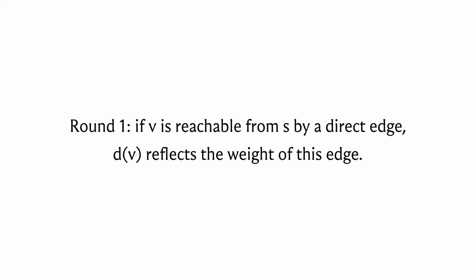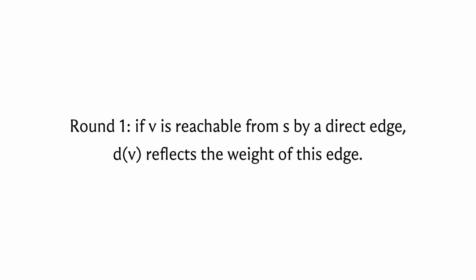So the picture at the end of the first round of Bellman-Ford actually looks pretty similar to what happens in the first round of Dijkstra, but we will see that things pan out a little bit differently as we go along. So in particular, you might want to spend a little bit of time thinking about what happens at the end of the second round, what happens at the end of the third round, and more generally, what happens at the end of i iterations of the outer for loop in the Bellman-Ford algorithm.